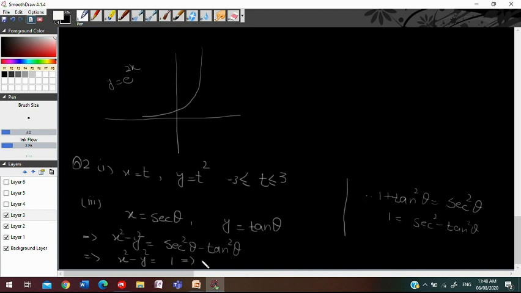And when we obtain the value of y, y square is equal to x square minus 1, and y is equal to under root x square minus 1 with plus and minus sign.